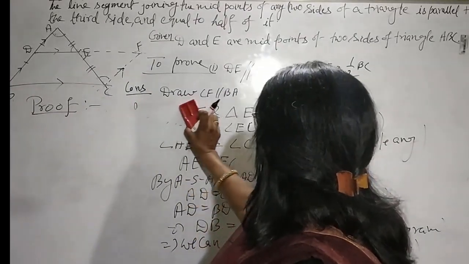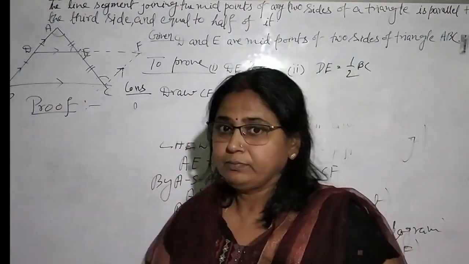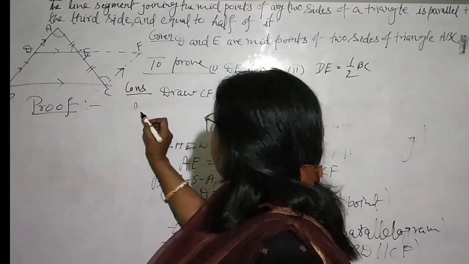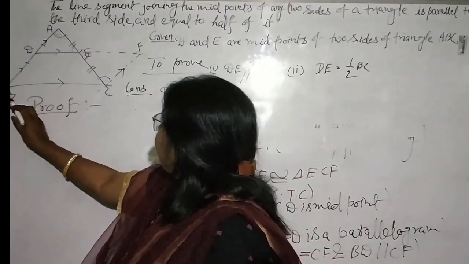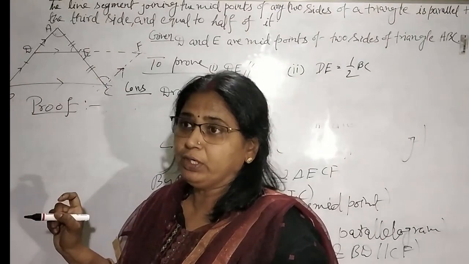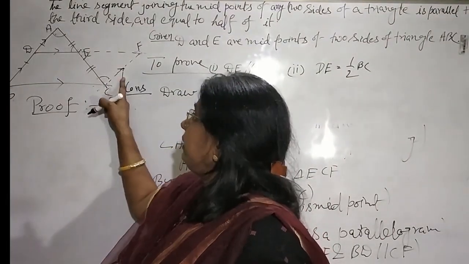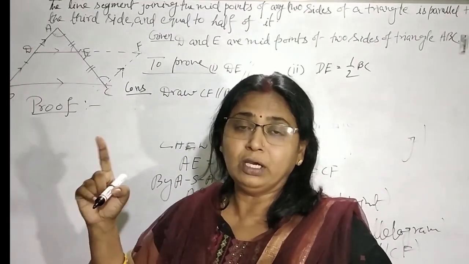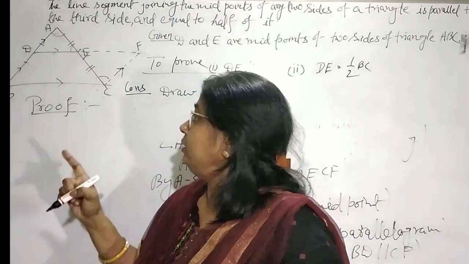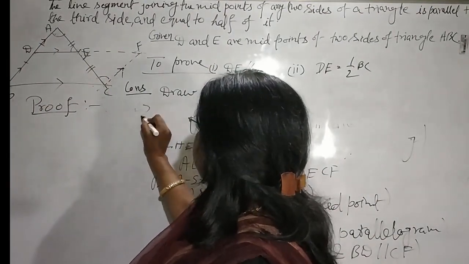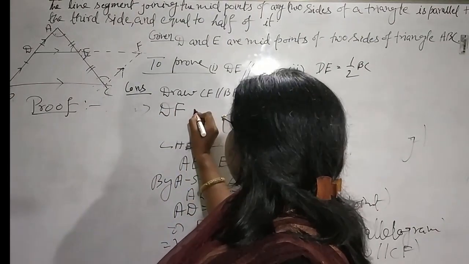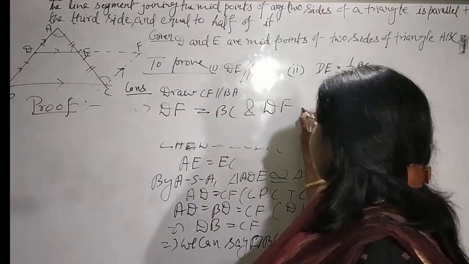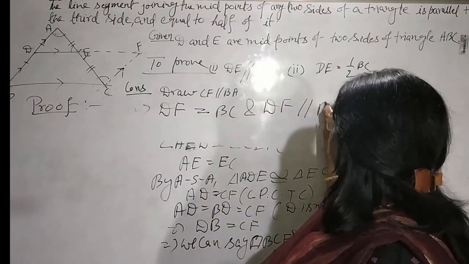As BCFD is a parallelogram, if one pair of opposite sides is parallel and equal, then the other pair is also parallel and equal. That's why DF is equal to BC and DF is parallel to BC.